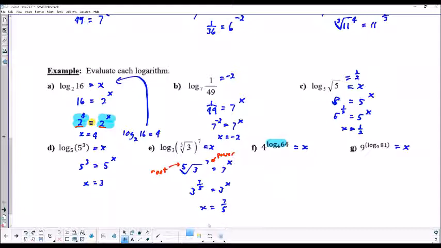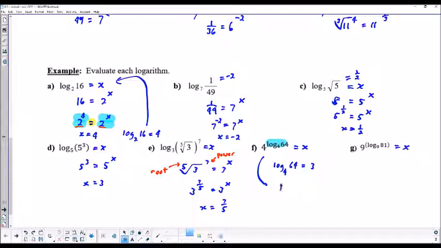If you were to say logarithm of 64 to the base 4, what do I raise 4 to get 64? Well, 4 squared is 16, and 16 times 4 would be 64. So that equals 3. So the logarithm of 64 to the base 4 is 3.